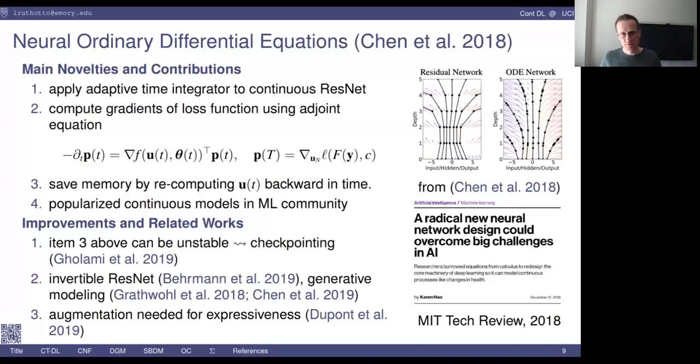Especially now they've been replaced by other things called implicit networks, for example. But in generative modeling, I think this was one of the first papers that explored the use there. I'm going to show you how you can use these techniques.